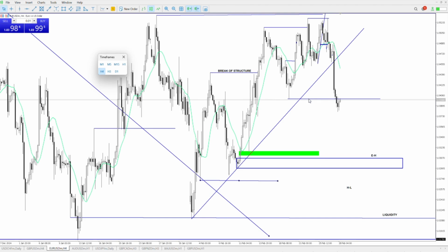We also have a change of character, sorry, because price has initially been moving in a bullish trend, and then moved back down and broke down from that structure it has been forming. So this is a change of character at this point, meaning that price has indicated an overturn from the bullish run to a bearish trend. So we have a change of character here.